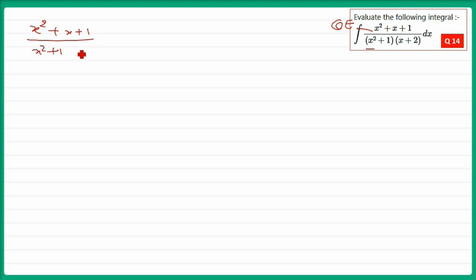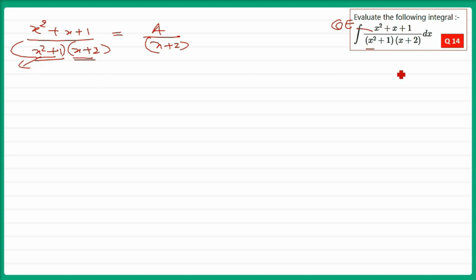So x square plus x plus 1 divided by x square plus 1 into x plus 2. Now this can be written, we are just talking about partial fractions right now, I'm not integrating. So this will be a divided by x plus 2, because x plus 2 is a simple linear factor, so we can have one constant upstairs.